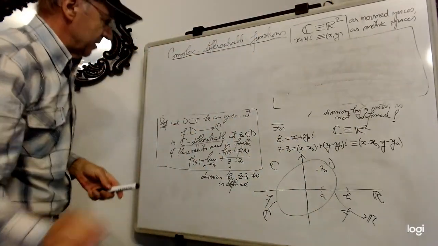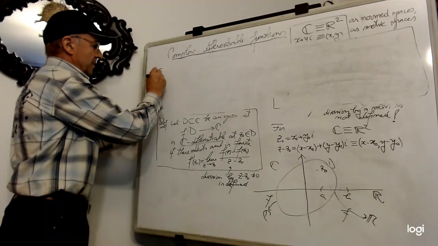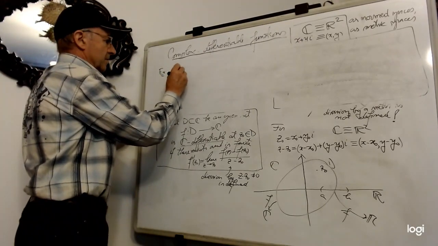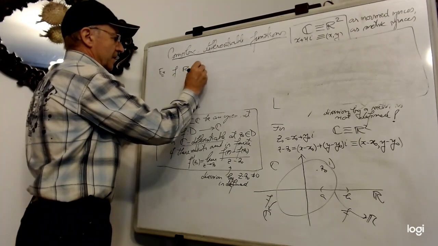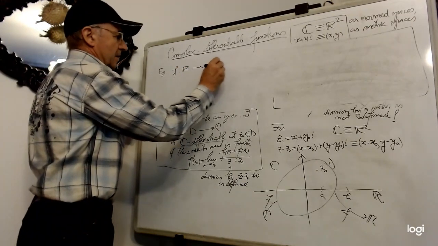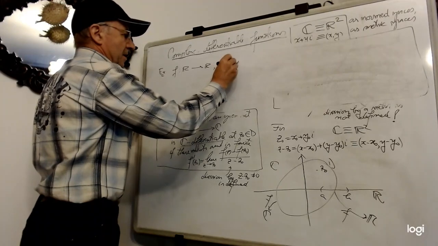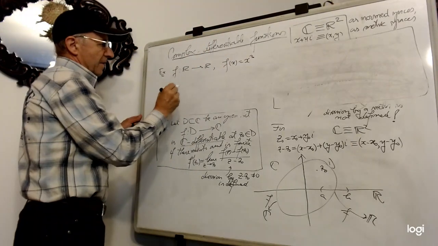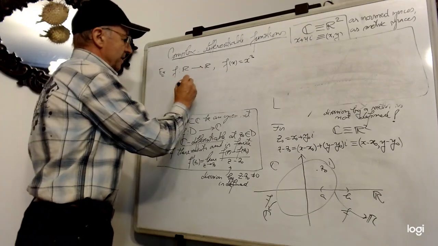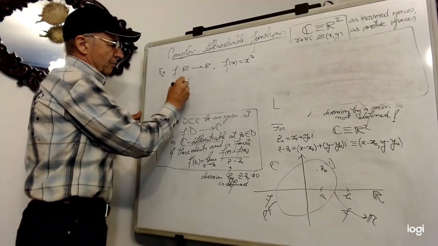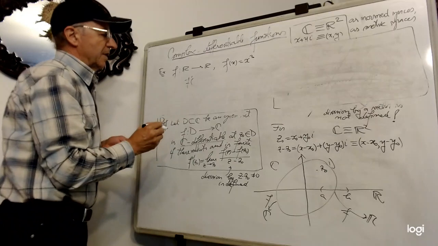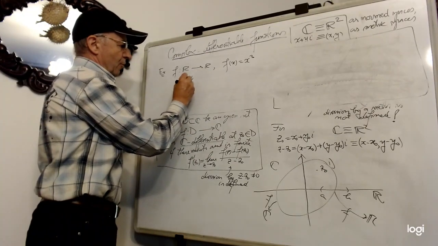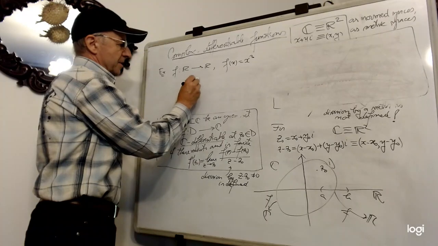Let us consider as an example a function. Firstly, the real case, f of x equals x cubed. In this case, we intend to compute the derivative of this function at a point x0.